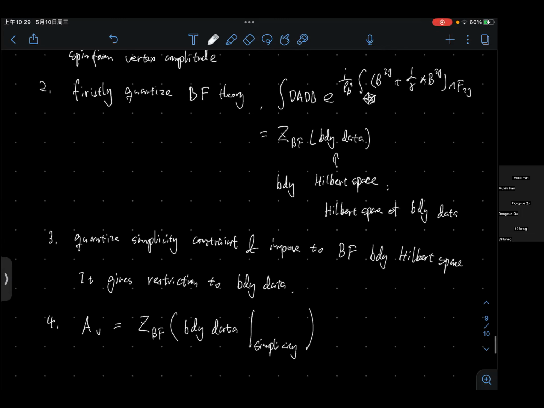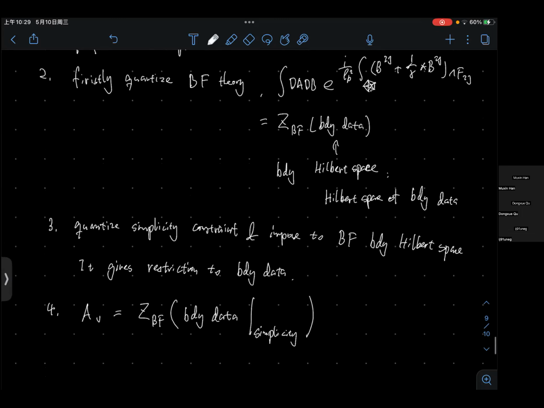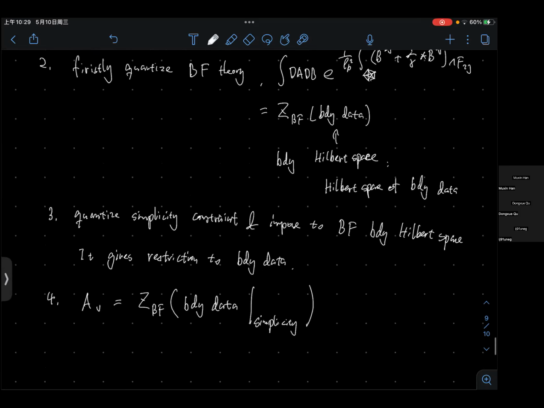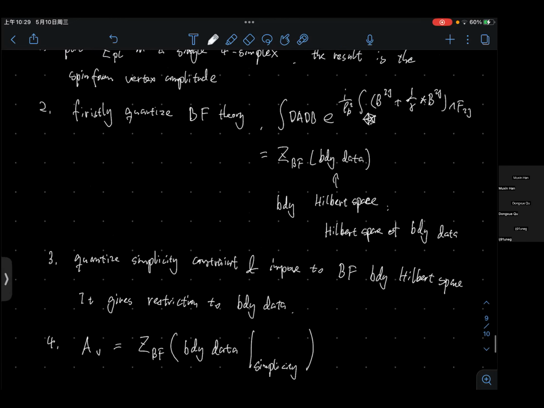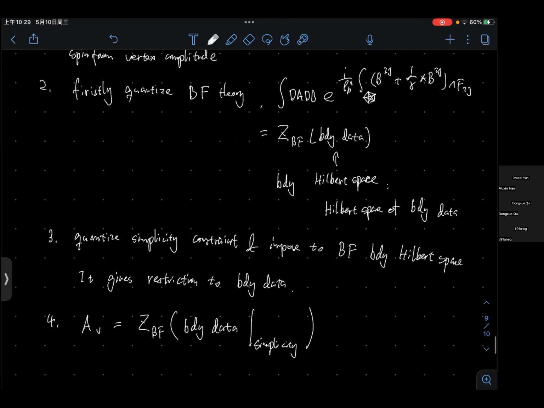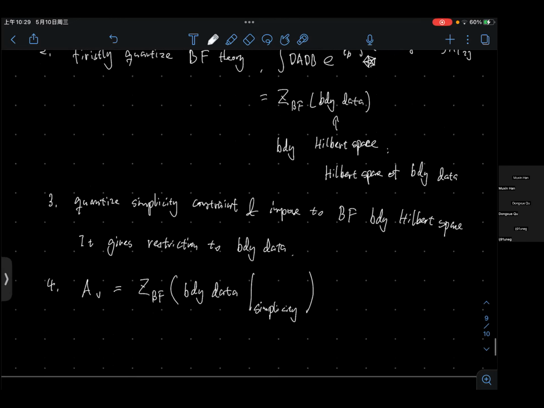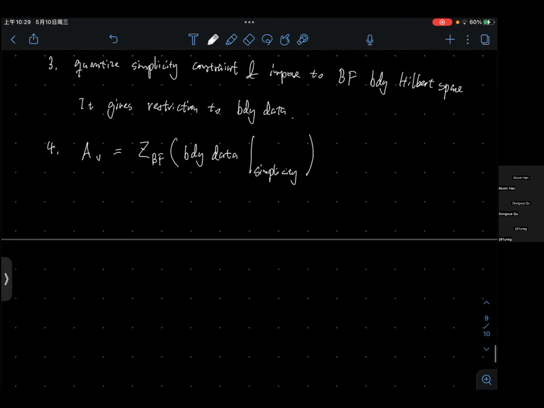So now let's make it more explicit. Firstly, what is the BF boundary Hilbert space? Let's again recall SU2 BF theory that we talked about last time.